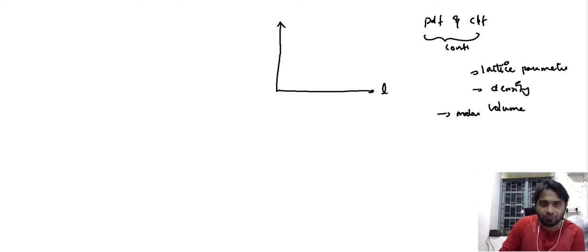Suppose the alloy represented by blue has the least lattice parameter, it can be represented here. An alloy that has the maximum lattice parameter can be captured here. So we are quantitatively placing each and every alloy on a scale based on its lattice parameter. The green one will be here, the alloy represented by gray will be here, and the alloy represented by blue will be here.